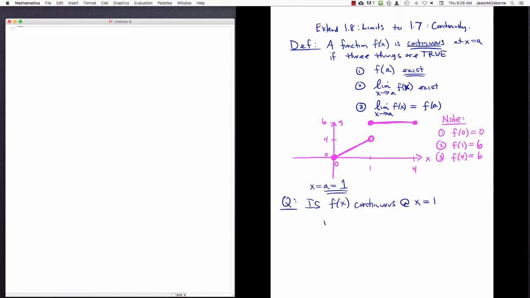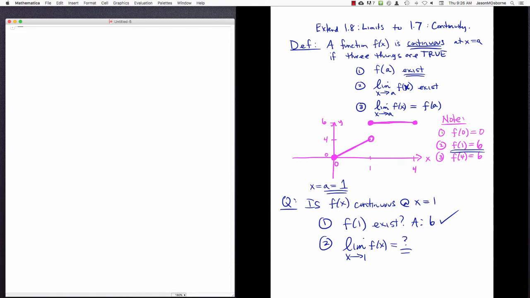Three things have to happen. Does the function at 1 exist? And you say yes, the function at 1 exists. We found that function value to be 6, so that's a check. Second, does the limit exist? Does the limit as x goes to 1 of f of x exist?